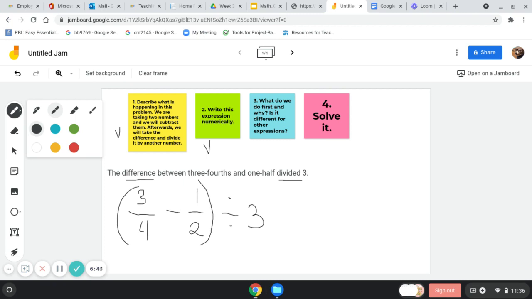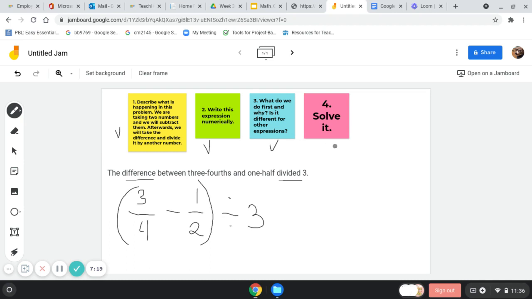It can differ. However, you need to know what actually needs to be executed first. In this case, we are going to do the parentheses, because parentheses will always be first. Once we find what's inside the parentheses, we can move on to the next operation, which in this case will be division. So we are done with that.